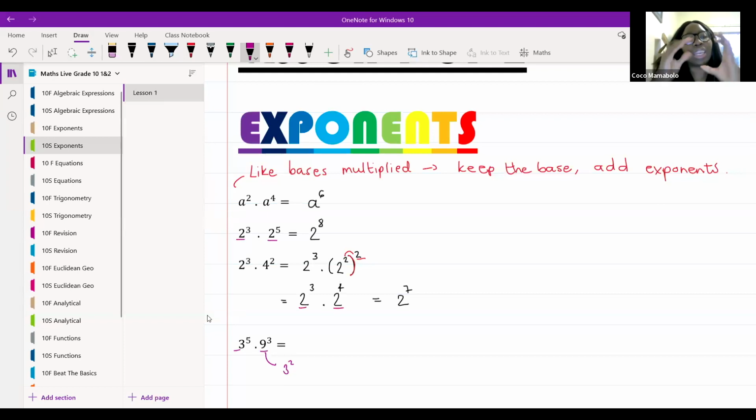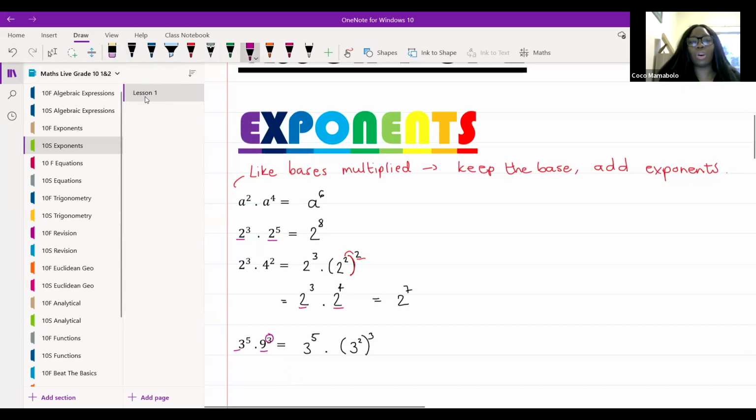But 9 was already to the power of 3. So that means I must now take this 3 squared and put it to the power of 3. Do not forget that because the 9 was already to the power of 3. So what I'm going to get is 3 to the power of 5 times, open bracket, 3 squared to the power of 3.